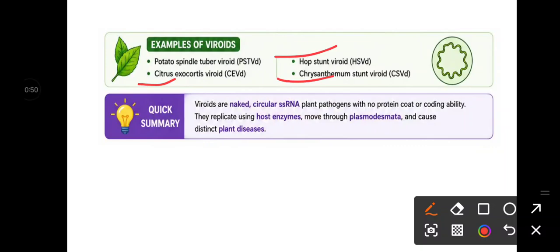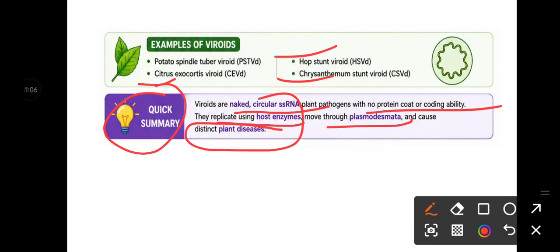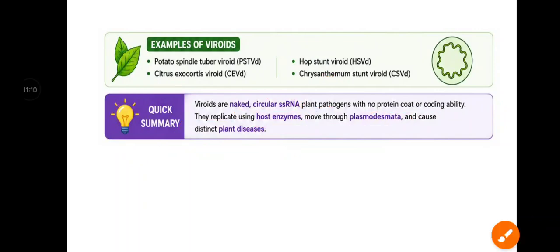These are a few viroids. So this is a quick summary. Viroids are circular RNA plant pathogens without any protein coat or coding capacity, replicate using host enzymes, move through plasmodesmata, and cause distinct plant diseases. This is brief about plant viroids.